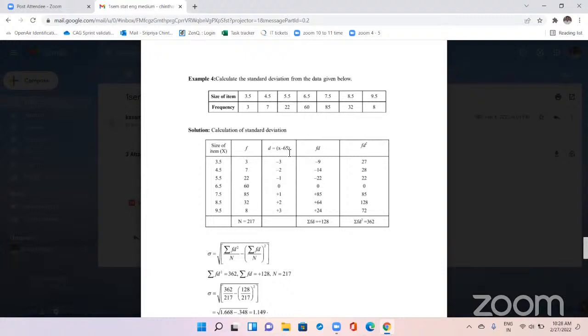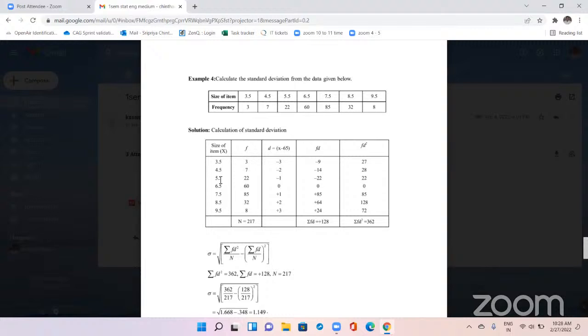Sir, that is 6.5, not 65. Yes, sir. Here it is 6.5. Yes, correct. The printing mistake is there. Thank you for your answer. D is equal to X minus 6.5, not 65.